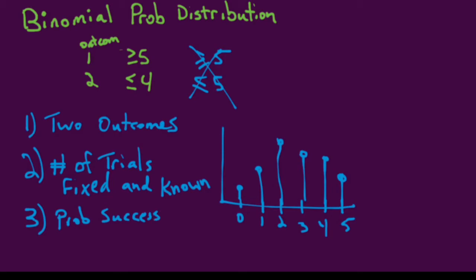Okay, so the probability of success, however we determine which outcome is success, is the same for each of these. And then lastly, the trials are independent. So what this means is that the outcome of one trial doesn't impact the other trials, right?